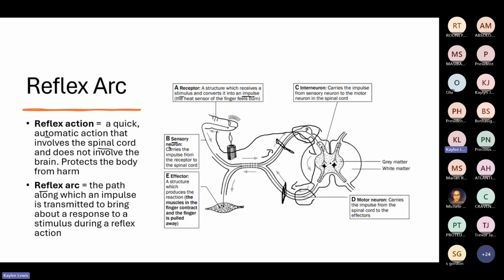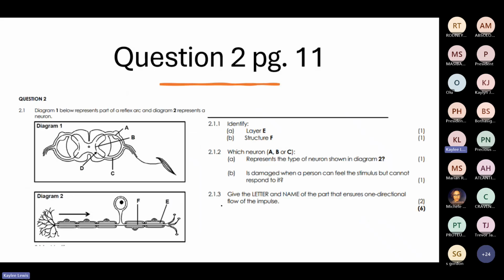Okay, so let's try some questions. So back into your book, if you can go to question 2 on page 11. This is 6 marks. So I'm going to give you about 5, 6 minutes to quickly answer this one.